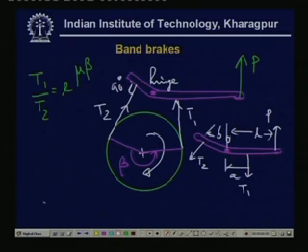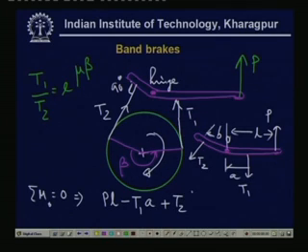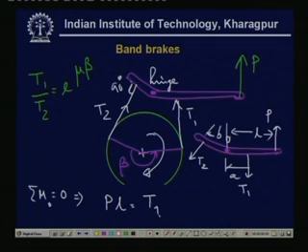Then, if you take the moment about O, writing the moment about O equal to 0, we get the following: P times L minus T1 times A plus T2 times B equal to 0. So, therefore, the total force P required is, if we write this down, P L is T1 A minus T2 B. Now, we can see that T2 B is actually helping the lever to apply the brake.